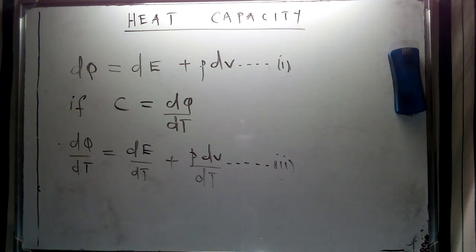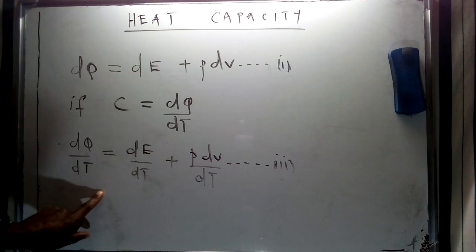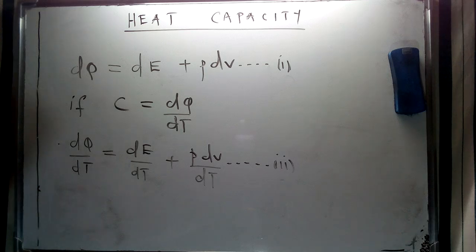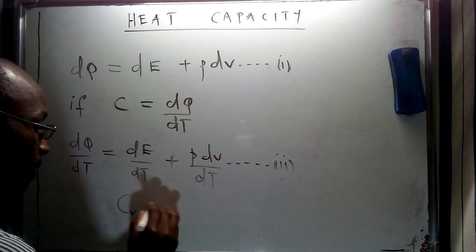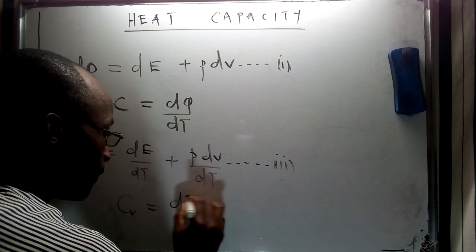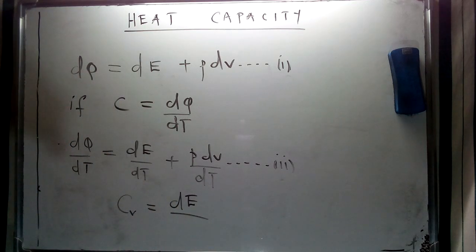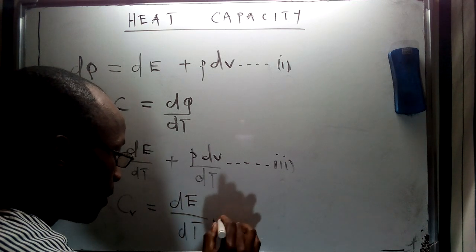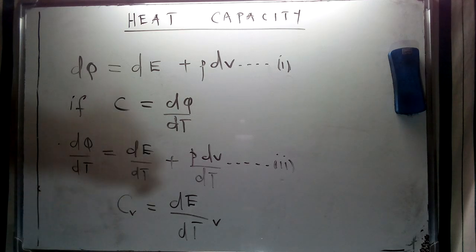From that description, at constant volume, we have the specific heat capacity at constant volume given as CV, which is described as the ratio of dE over dT at constant volume. This forms our third equation.